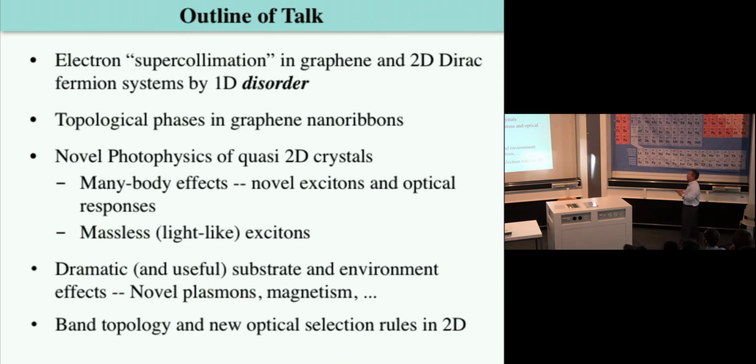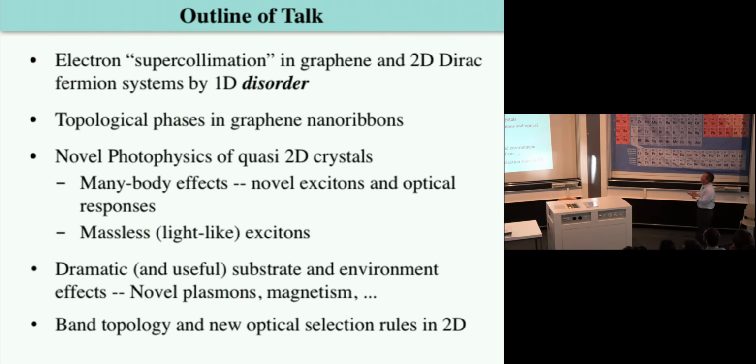I will begin with a quite interesting, counterintuitive phenomenon that we discovered recently, which is so-called electron supercollimation in graphene and in other 2D Dirac fermion systems by applying a 1D disorder potential to it. Next I will talk about a discovery we made on graphene nanoribbons that can hold quite interesting topological phases, which lead to some interesting physics.